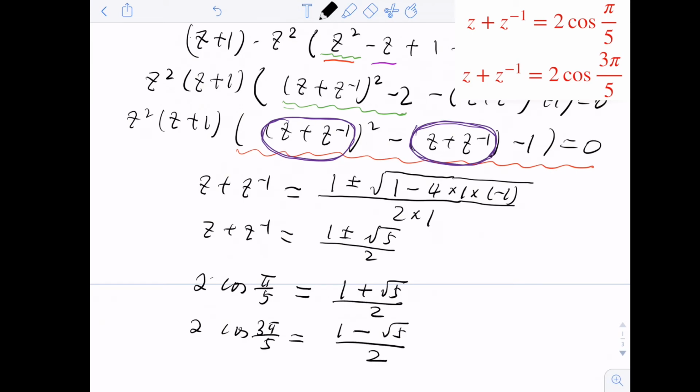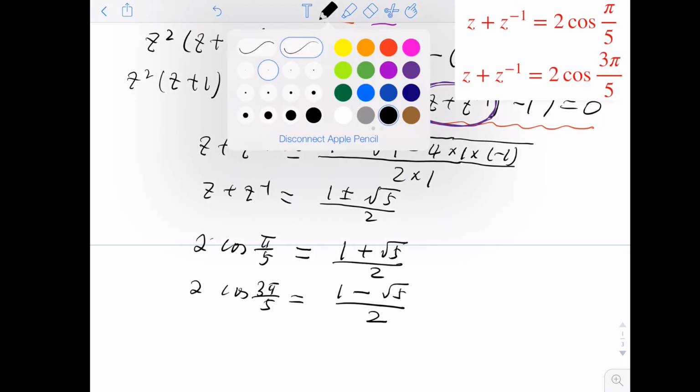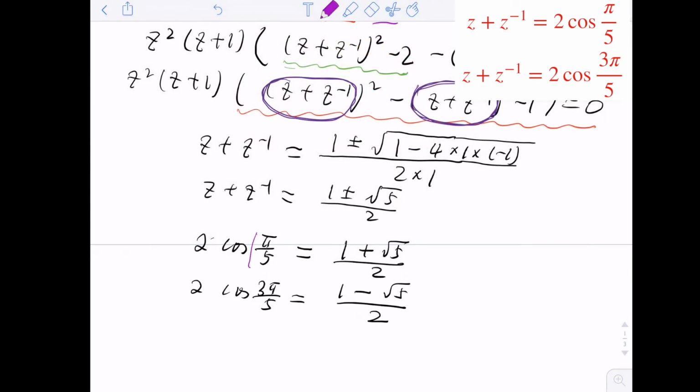And I equate cos pi on 5 to 1 plus square root of 5, because pi on 5 is in the first quadrant, so 1 plus square root of 5 is positive. So this matches that cos pi on 5 is a positive value.